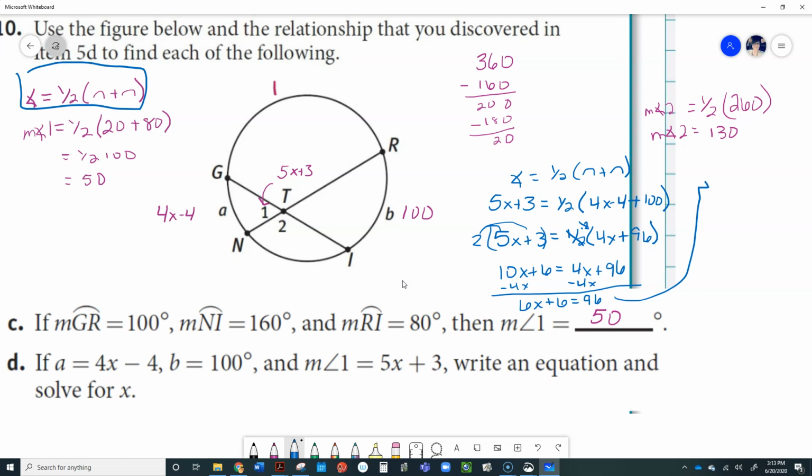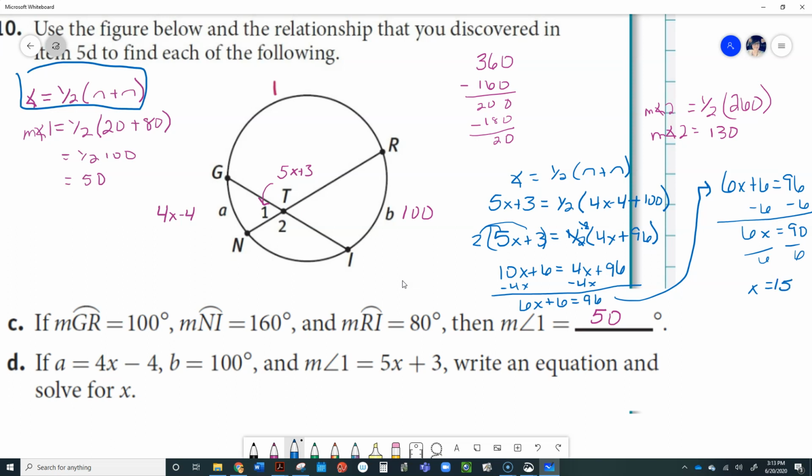Okay, then I'm going to continue over here. 6x plus 6 is equal to 96. Subtract 6 from both sides. And then divide everything by 6. And x is equal to, I'm going to get my calculator out so that I don't make a mental error, because I cannot be trusted to do arithmetic in my head accurately.